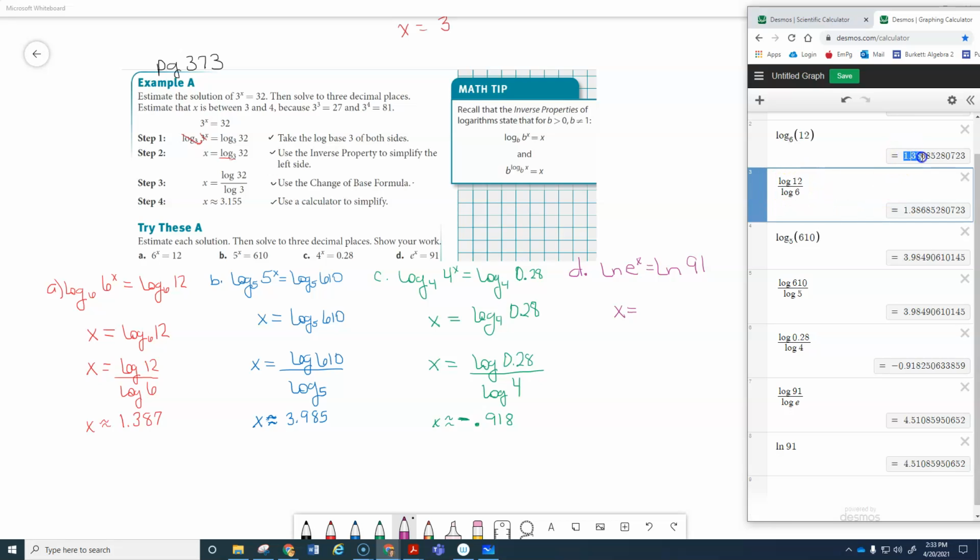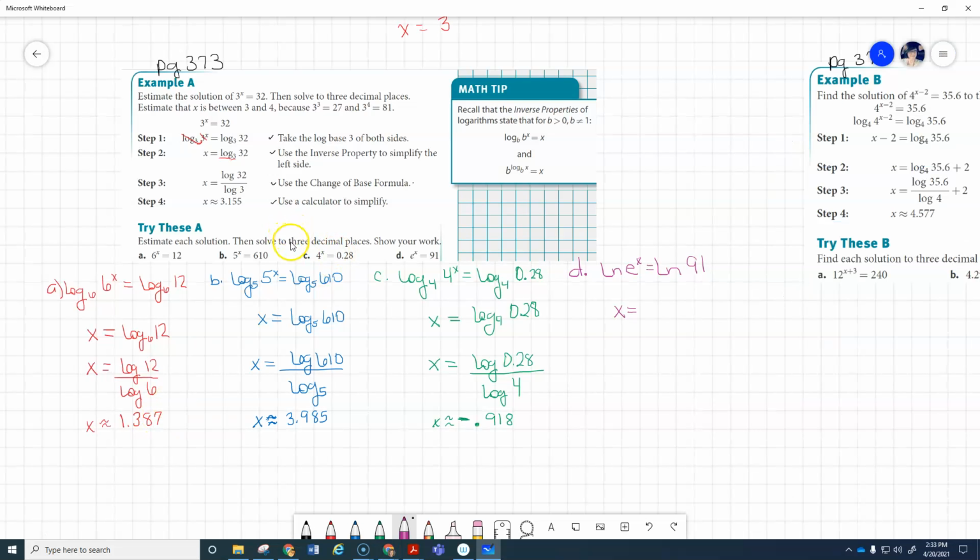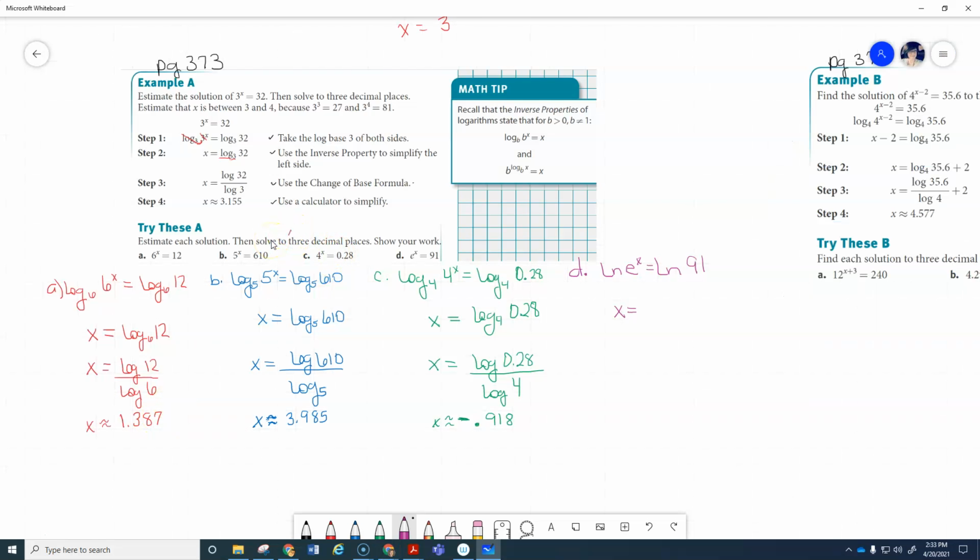And you'll notice that in both answers I got 1.387. I rounded to 3 decimal places like it told me in the directions.